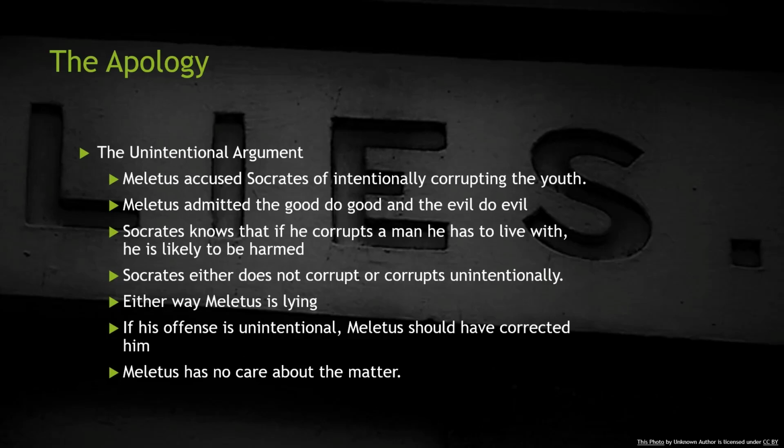Yet, as Socrates points out, Meletus had nothing to say to Socrates and refused to teach him. But now, Meletus drags him to court, which is a place of punishment, not instruction. And so Socrates concludes that Meletus has no care about the matter. He's just out to get Socrates.